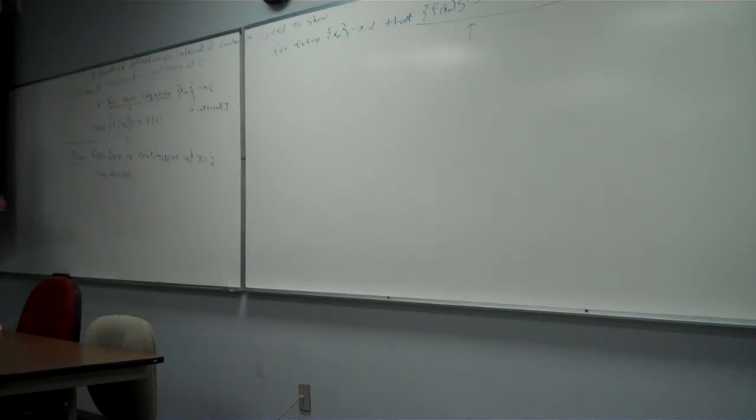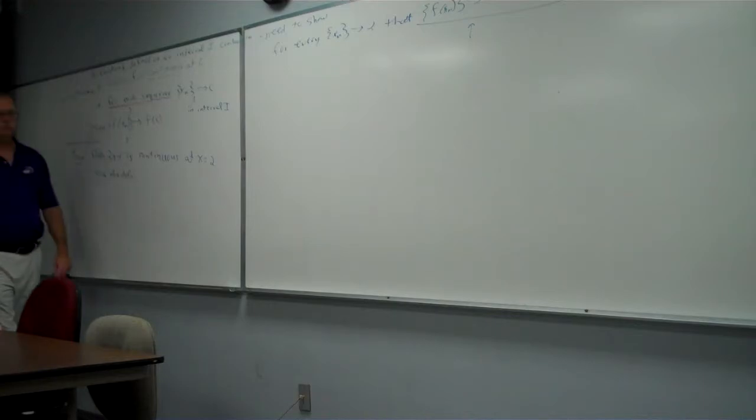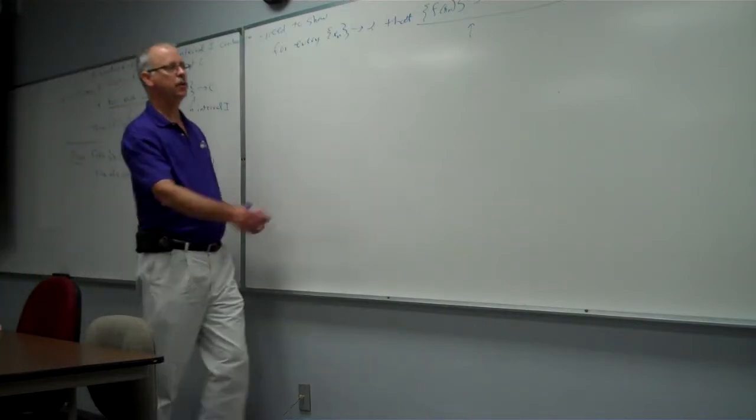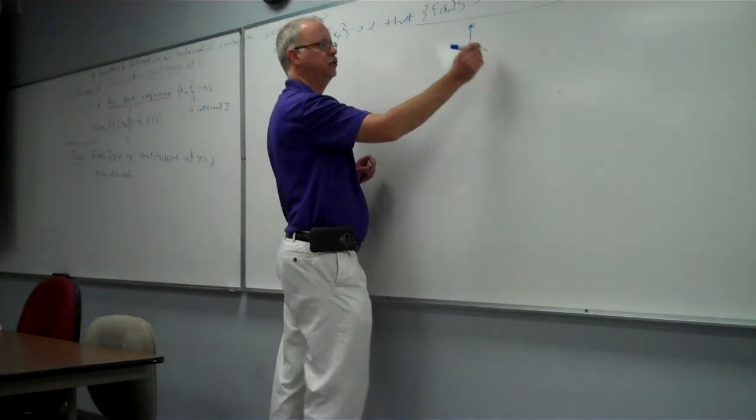If we had a specific one, that would make the problem easier, but one sequence headed to 2 where it works isn't enough. We've got to build an argument with every sequence that's headed to 2, knowing something about the inputs. So this is the statement we're going to have to prove.